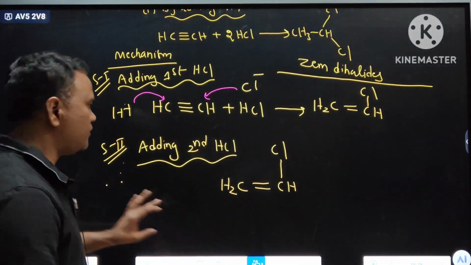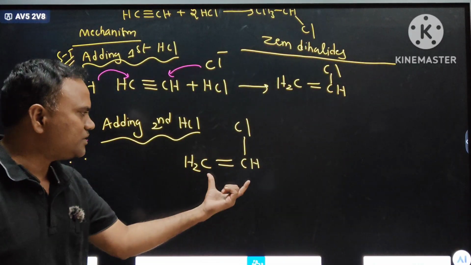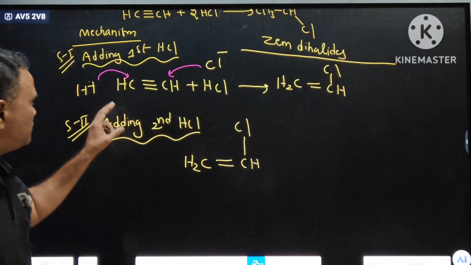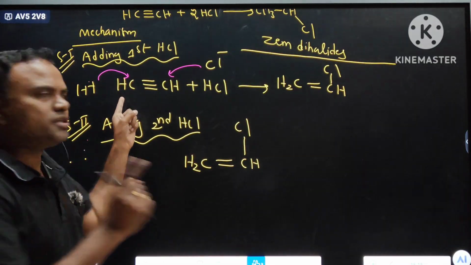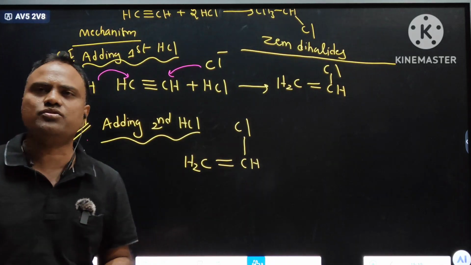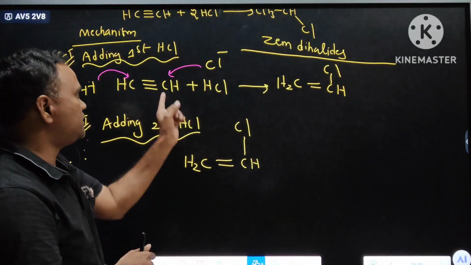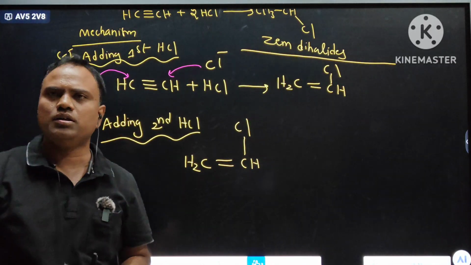Now in this case we follow Markovnikov's rule. Why? This is an unsymmetrical alkene. Here, for the earlier one, it was symmetrical only. This carbon is having one H, this carbon also having one H. So you can add Cl negative to any one of the carbons. Nothing will happen.